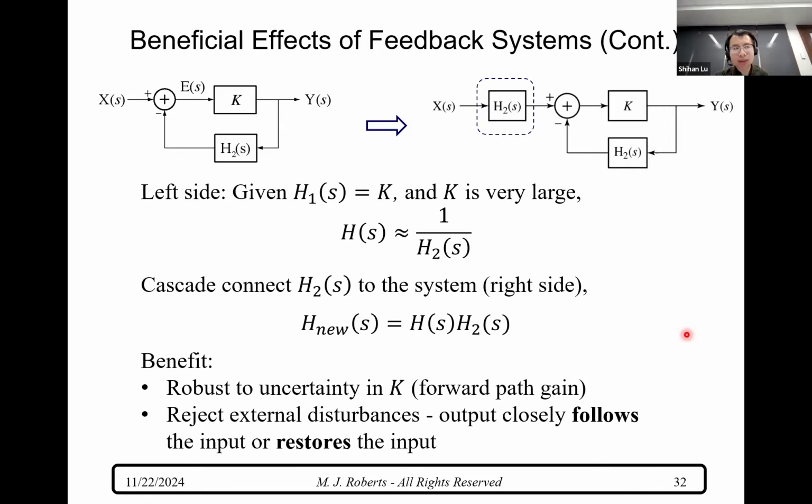It's not simply doing nothing to your input signal.